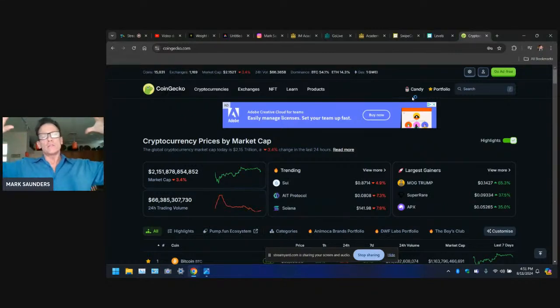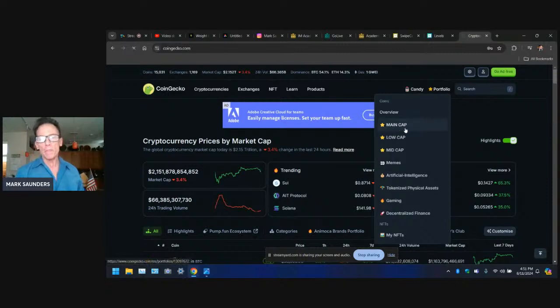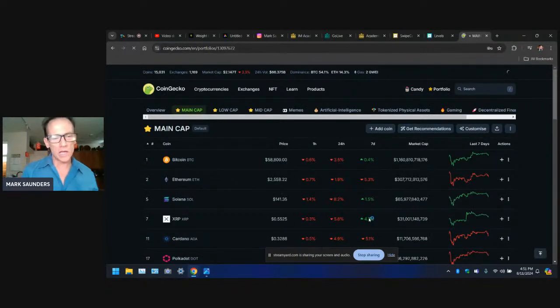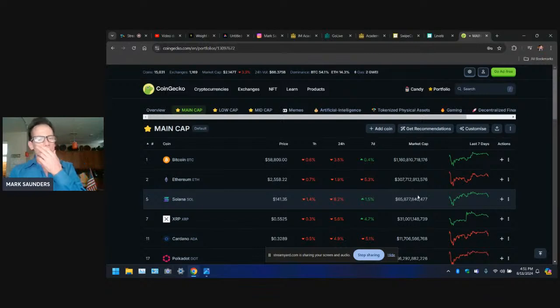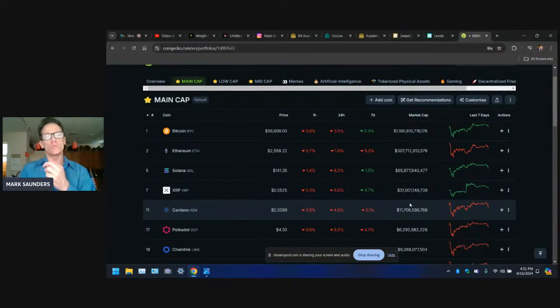But anyway, we've broken down the market into main cap, mid cap, low cap. Main cap are the big ones like Bitcoin and Ethereum, the mid cap are some things you probably never heard of, and then the low cap are also some things you haven't heard of. So I've built out a top 15 right now. I have a top 15 main cap, which I'm pretty happy with, and I'm going to share that with you right here. Mid cap, low cap, I'm still working it out. There's so many things, and I've heard from some of the investors you don't want to get too many coins, you know?